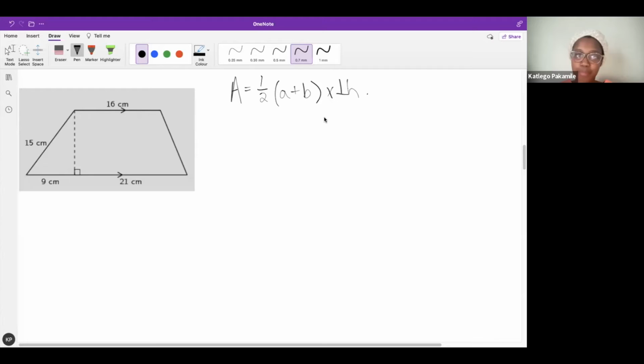Now we have a problem. Do we have the perpendicular height? Nope. How are we going to get the perpendicular height? Pythag. Okay, let me put letters on this shape so that we can say stuff that makes sense. D, E. So we're in the triangle ADE, right?